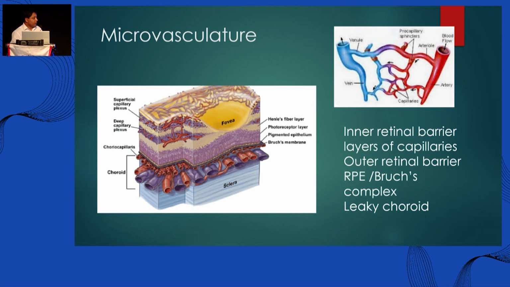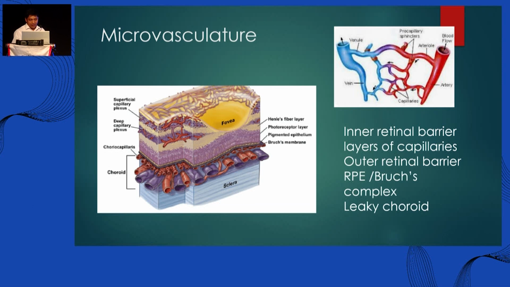Another thing I want to highlight is that the retinal pigment epithelium and Bruch's membrane share very similar fluorescein emission properties, so fluorescein angiography is not really useful to image anything beyond the RPE.